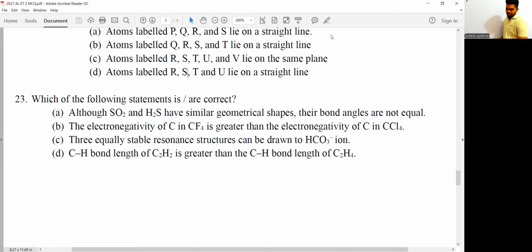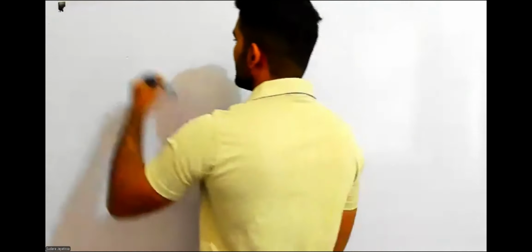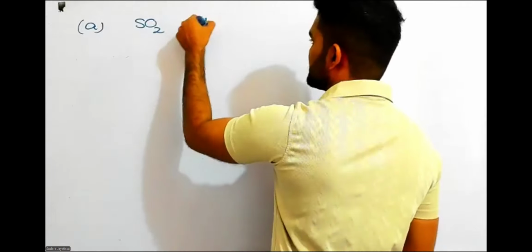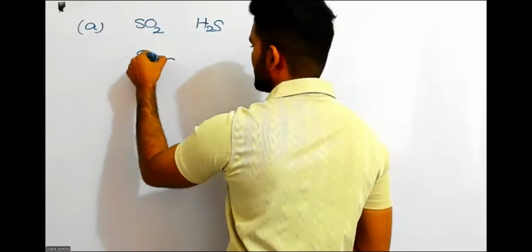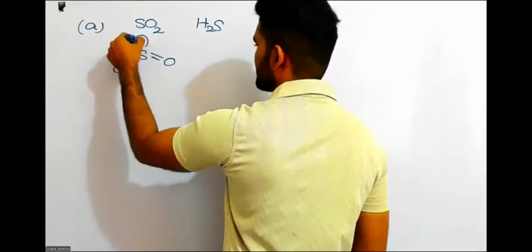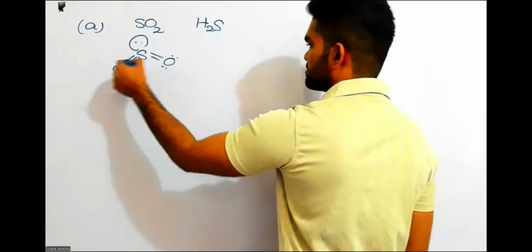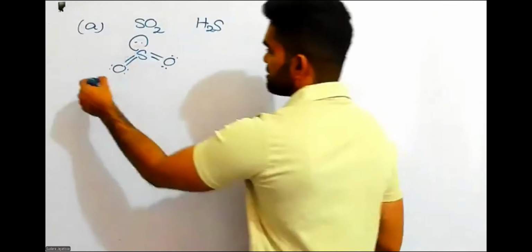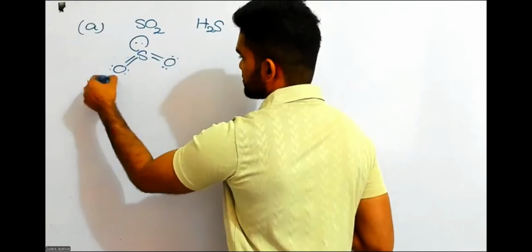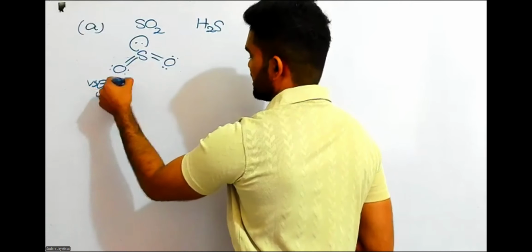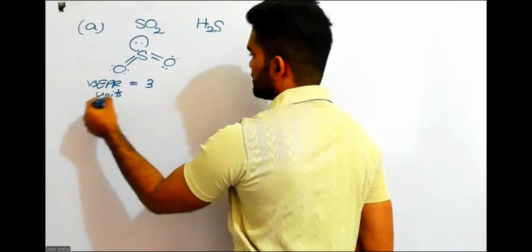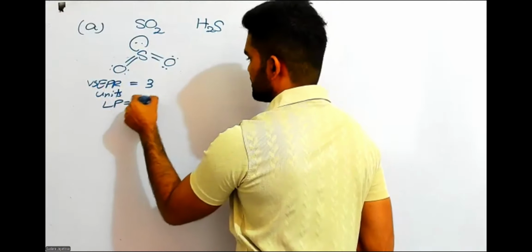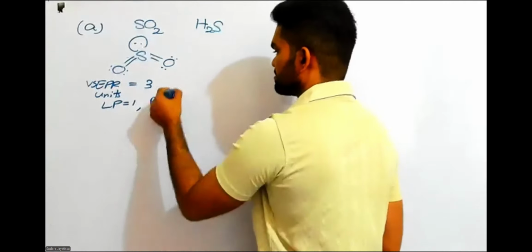Okay, so let's go to SO2 and H2S. For SO2, the Lewis structure is this one. Now you can see there are 3 VSEPR units: 1 lone pair and 2 bond pairs.